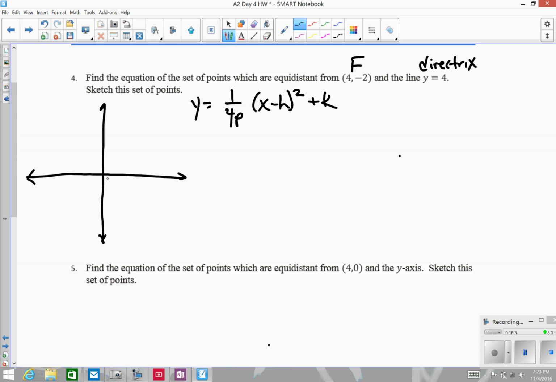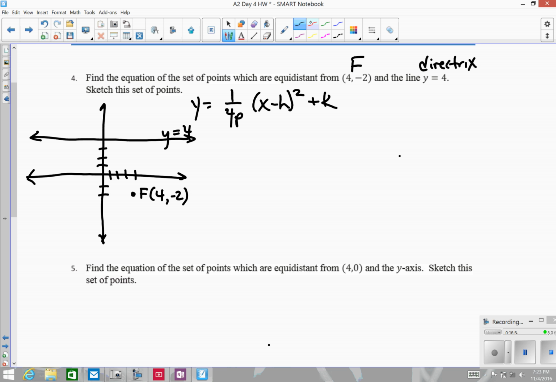4, negative 2 is the focal point. Directrix at y equals positive 4. 1, 2, 3, 4. So here's our directrix, y equals 4.